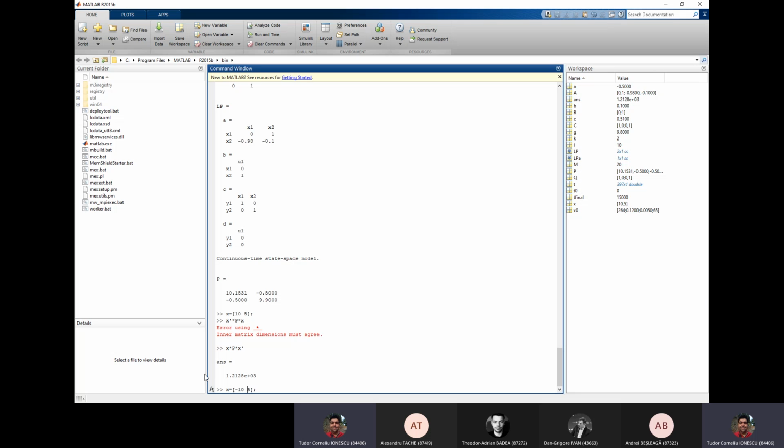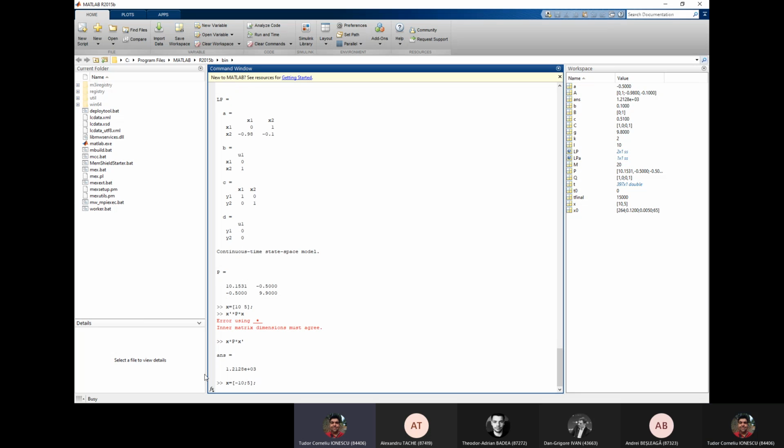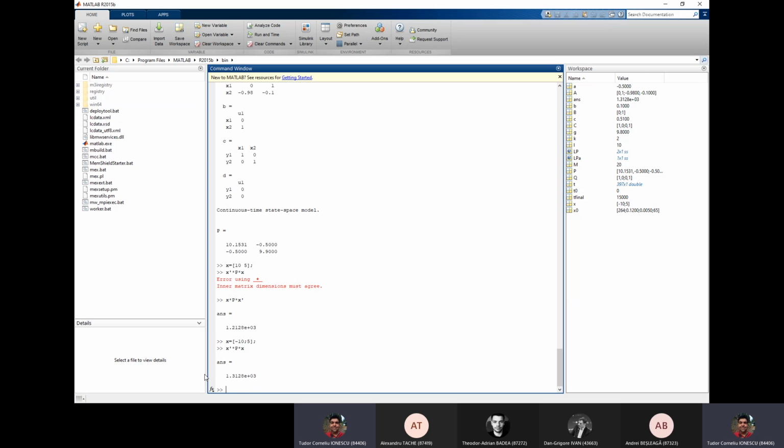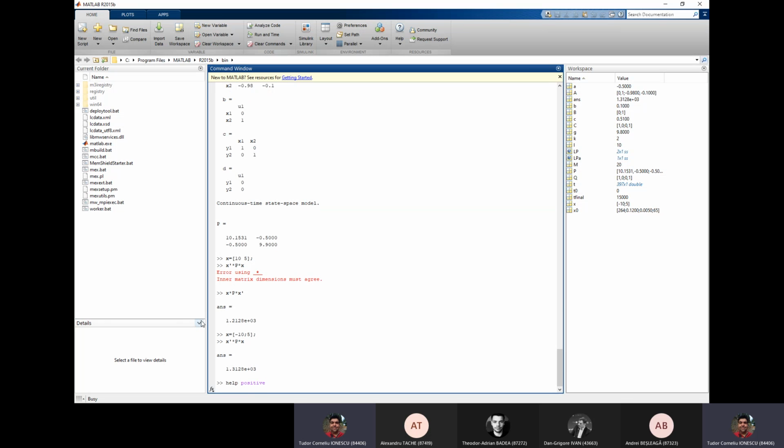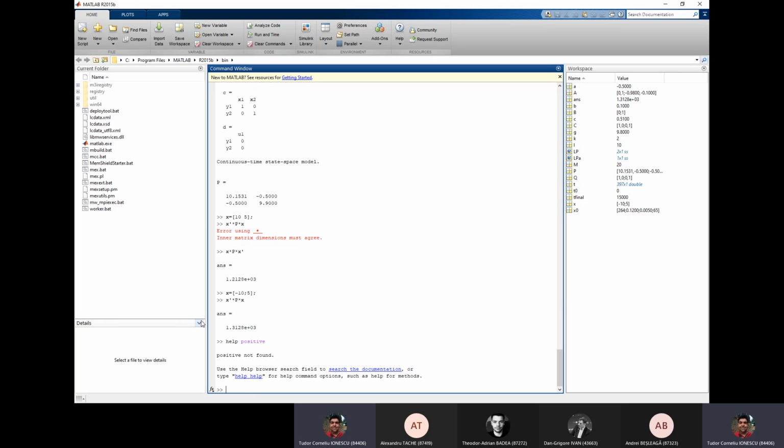Let's take negative numbers. You see? Again, a positive number. So P is indeed positive definite. So A, by the result we just gave, is indeed a stable matrix.